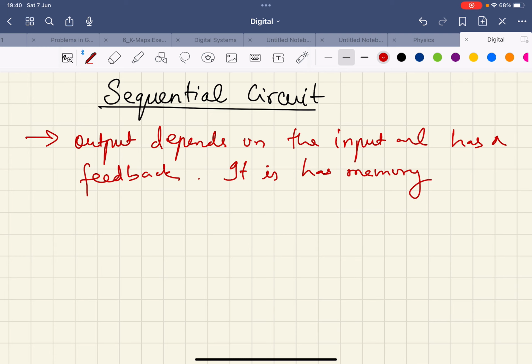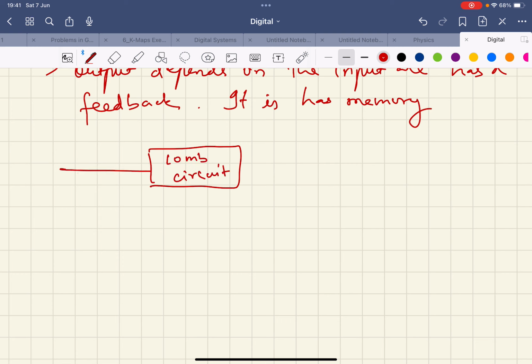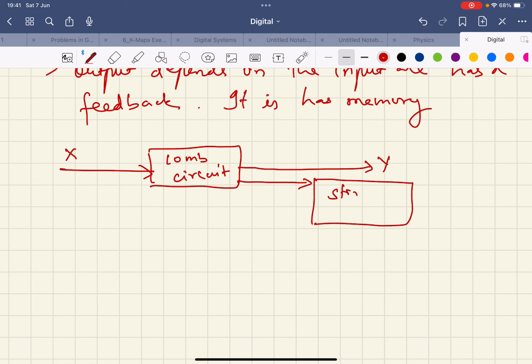How is the structure? Let me draw. This is your combinational circuit, the combinational block. This is your input X and this is your output Y. But this is only the combinational part. When the sequential part comes, there is one more thing: a storage element.